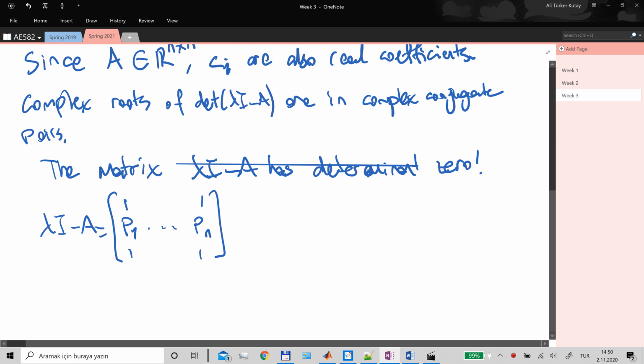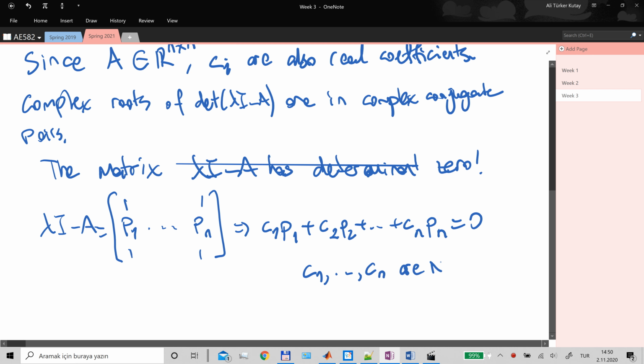And since these columns are linearly dependent, that means there exist coefficients C1 through Cn such that when you write this combination, you can obtain the zero vector. Here the C1 through Cn are not all zeros. At least several of them are non-zero.